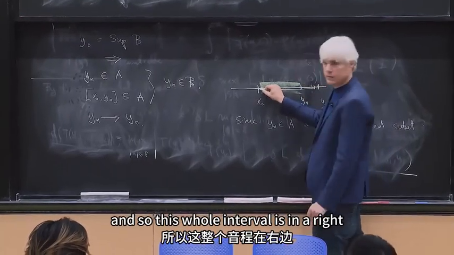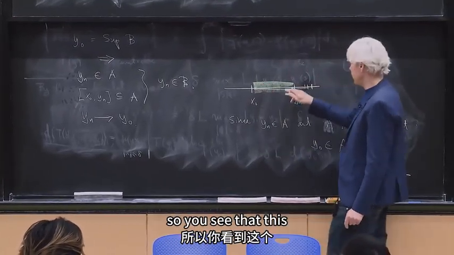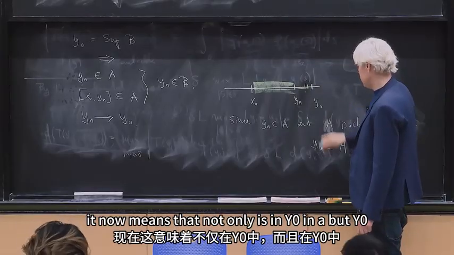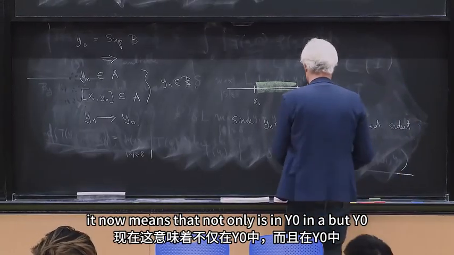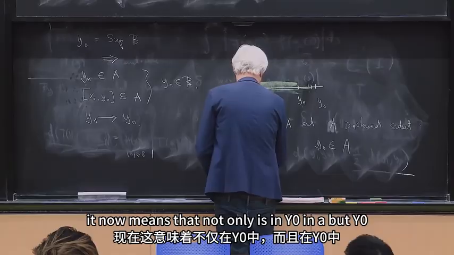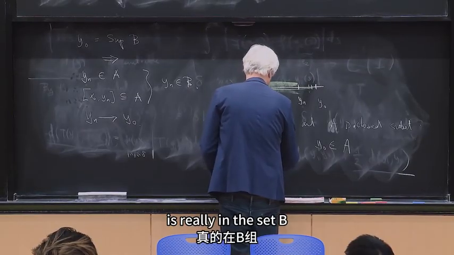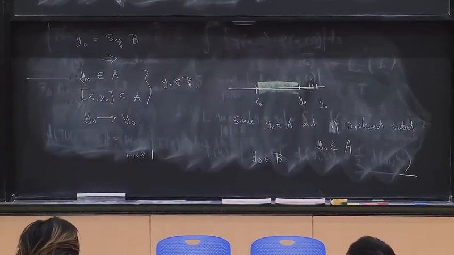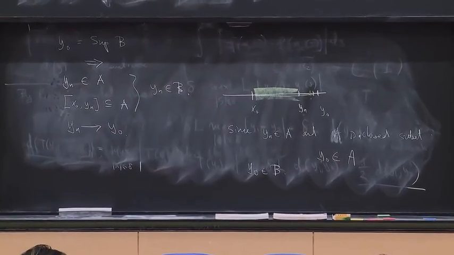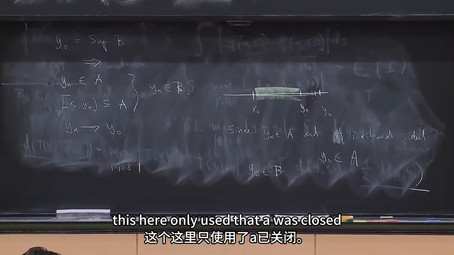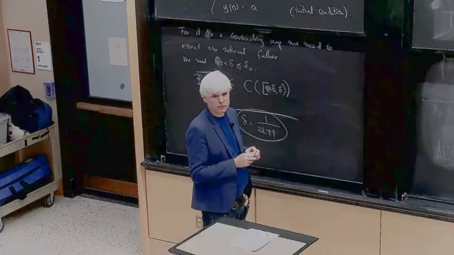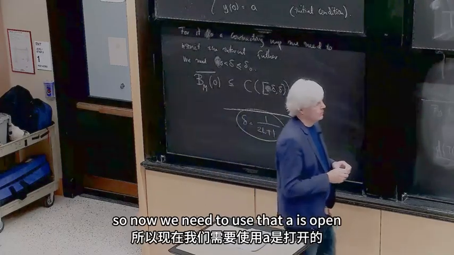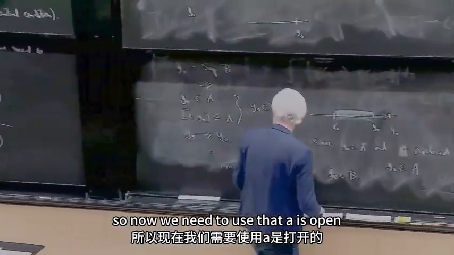And so this whole interval is in A, right? So you see that not only is y0 in A, but y0 is really in the set B. Okay? This here only used that A was closed, right? So now we need to use that A is open, right?